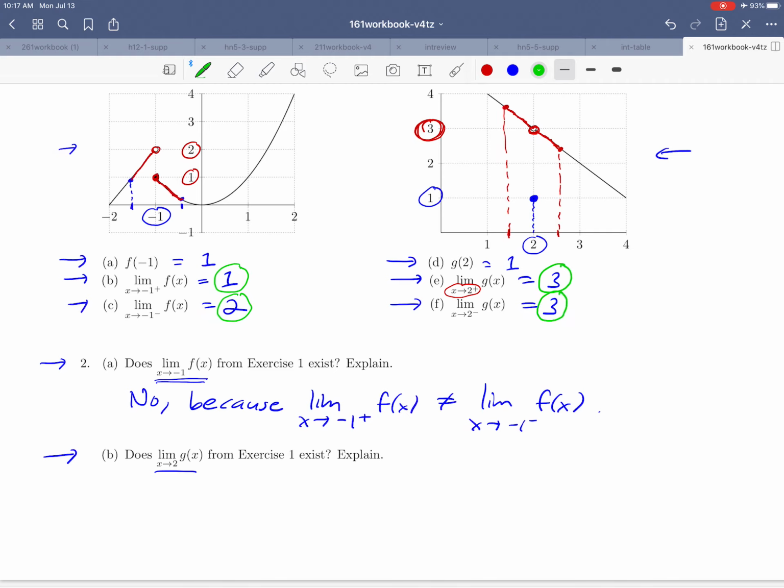So because those numbers are the same, this limit actually does exist. Okay, because the limit as x approaches 2 from the right and from the left both equal each other. Those both had the value of 3.